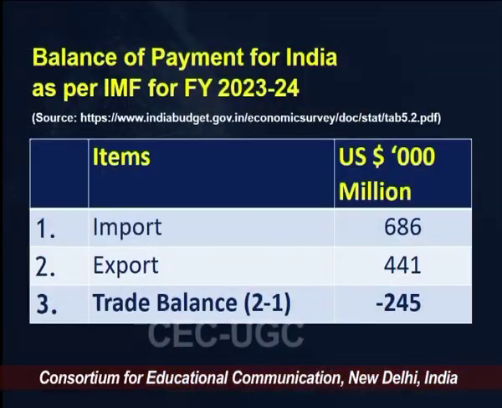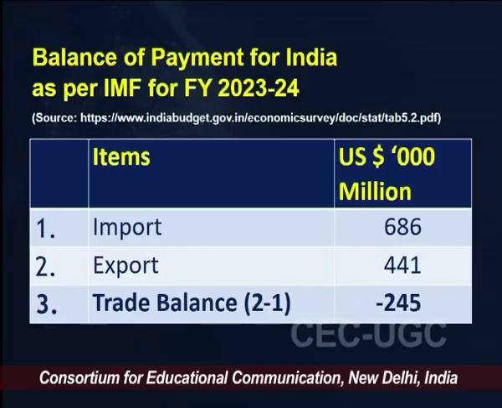Suppose we take the balance of payment for India as per the IMF for financial year 2023-24. I am showing it only in US $1,000 million, but it can be shown in rupees also.